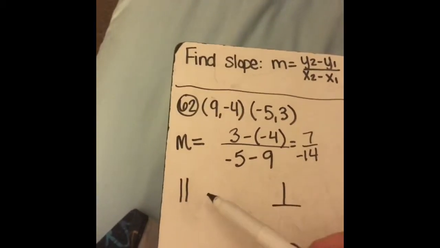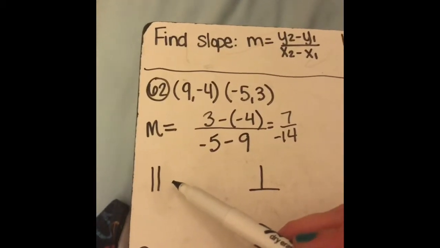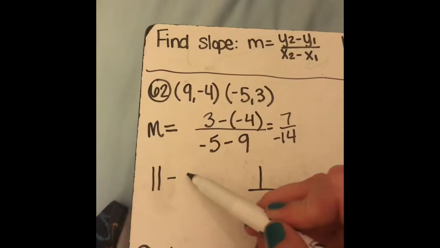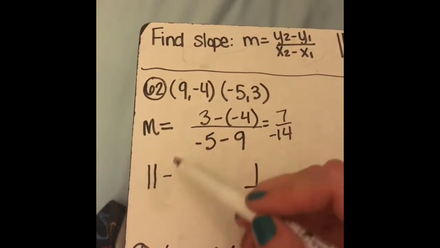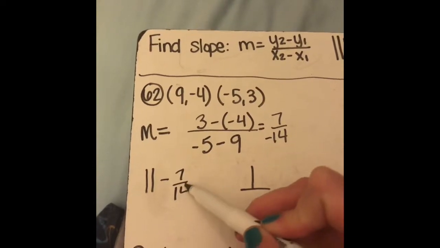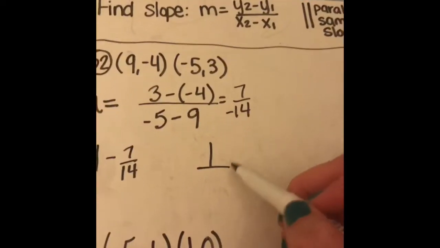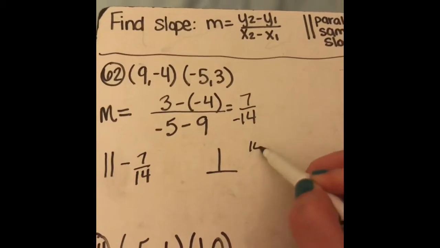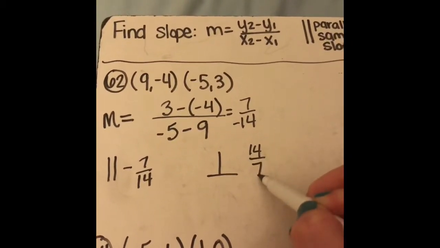So parallel would have the same slope, so it would be negative 7 over 14. Perpendicular is the negative inverse, so it would make it a positive 14 over 7.